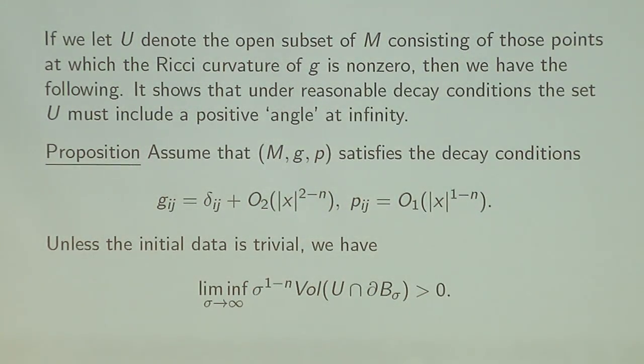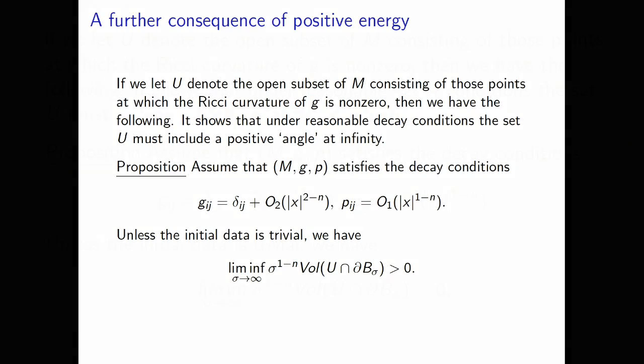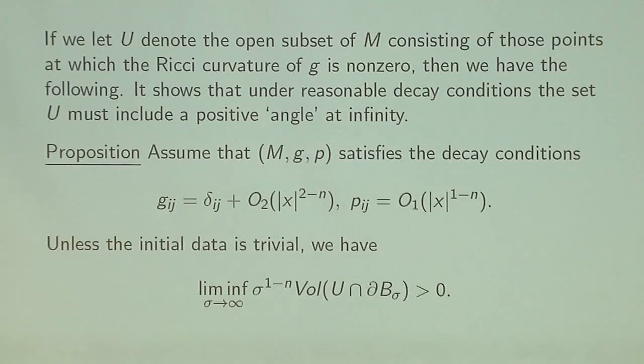And then this set U has to go off to infinity because otherwise, we're in 3 dimensions, so the metric would be flat outside a compact set, and that's not possible. So in fact, more generally, you can argue that the set has a fixed cone angle in the sense that I've described there.